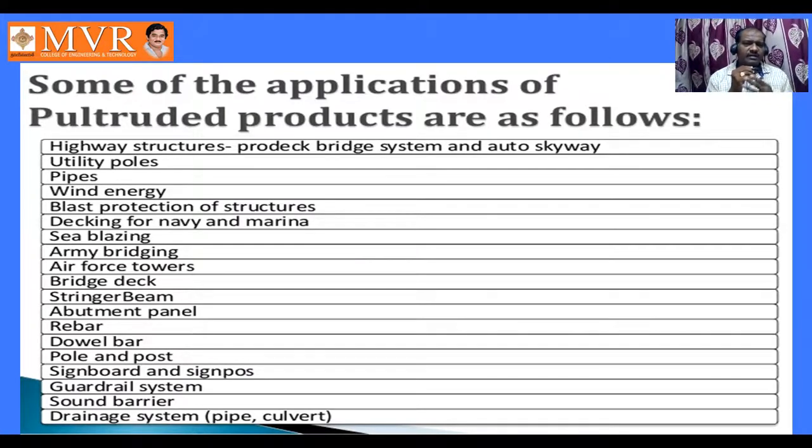So these are the different types of products prepared by this pultrusion process.